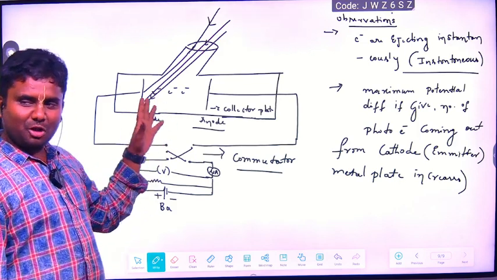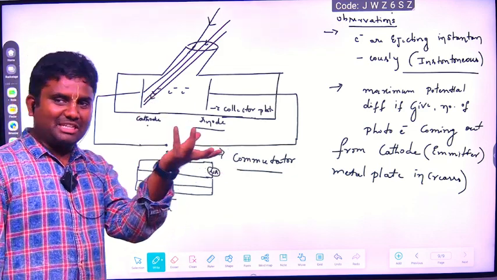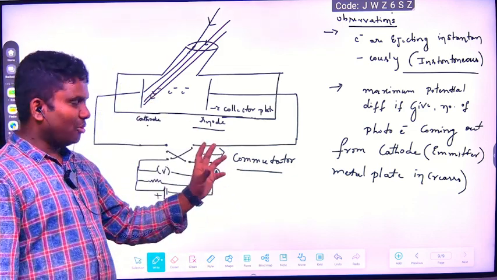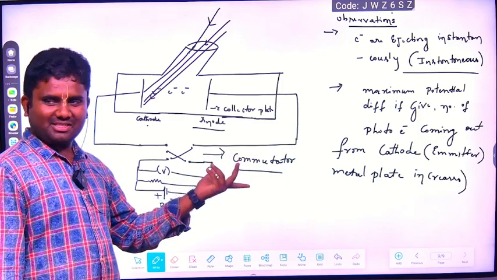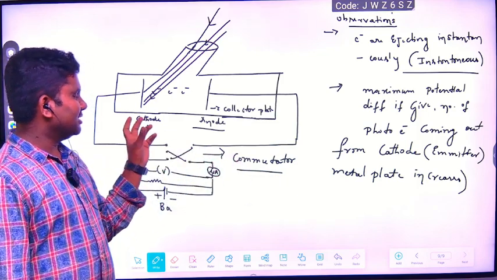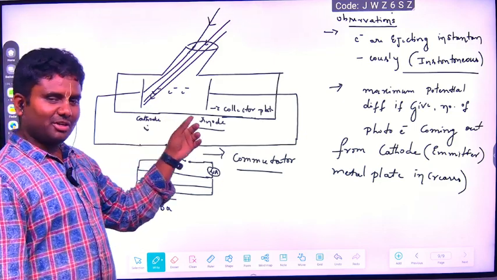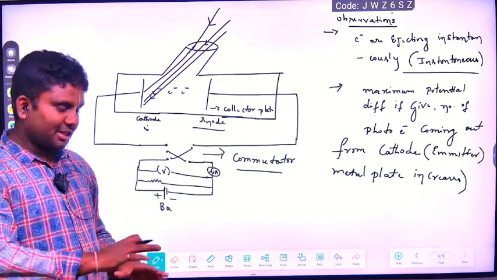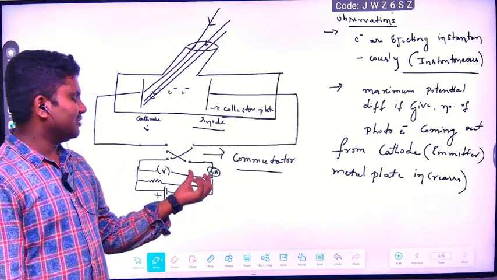If I want to stop this negative potential, bring the potential difference to 0, or reduce the potential difference, the commutator will change it, because there are connections. This commutator can change negative potential to positive here, or make it negative here, so that it will reverse the potential. That's the function of the commutator.